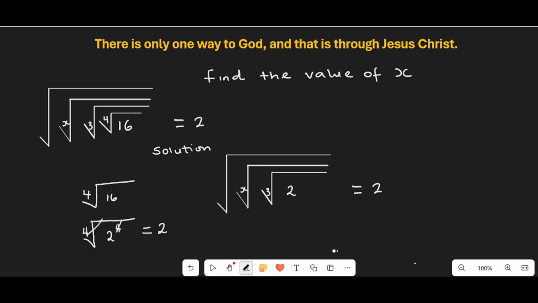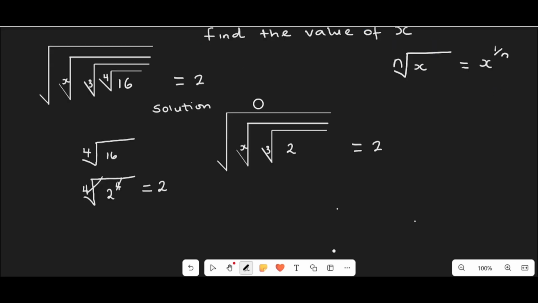I want you to note this: if we have the nth root of x, it can be written as x raised to power 1 over n. Let us rewrite our cube root.